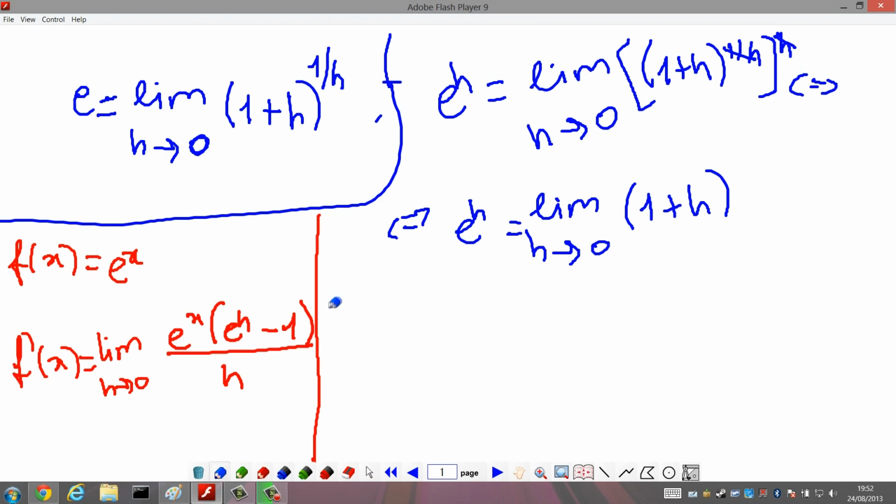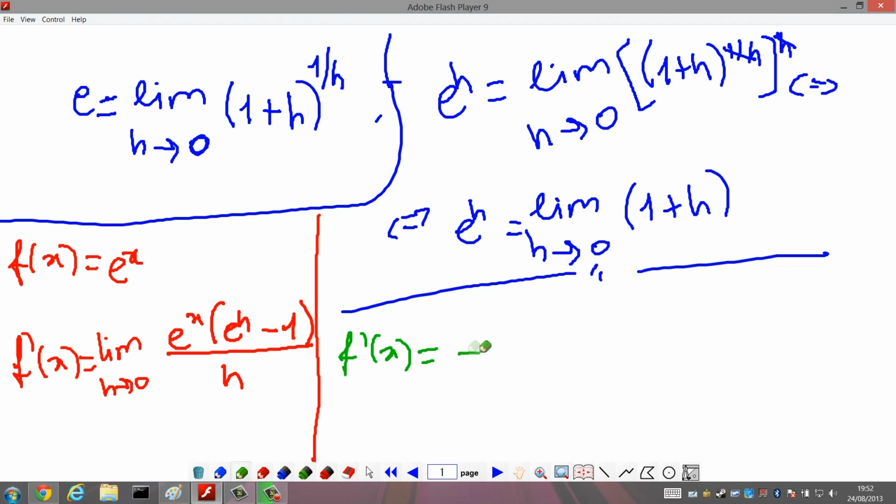So now let's use green for our big conclusion. Notice that let's go to our f prime of x over h. E to the x. Now, you have an e to the h here. See? E to the h there.